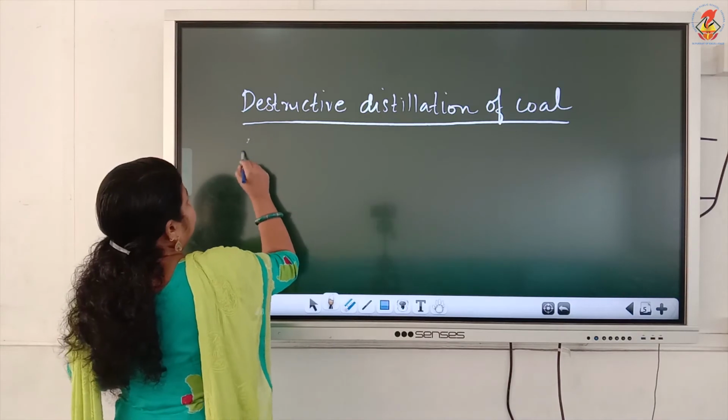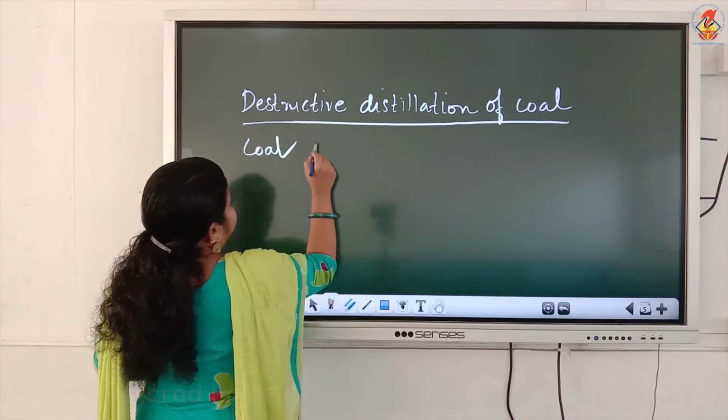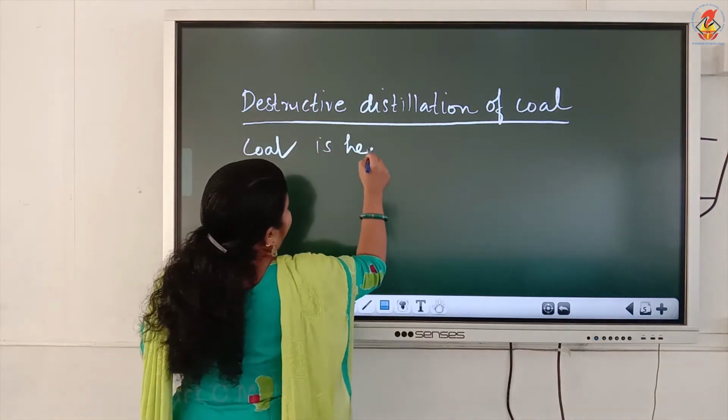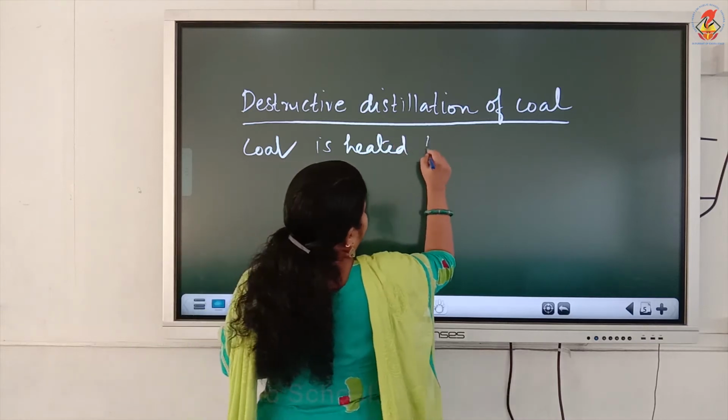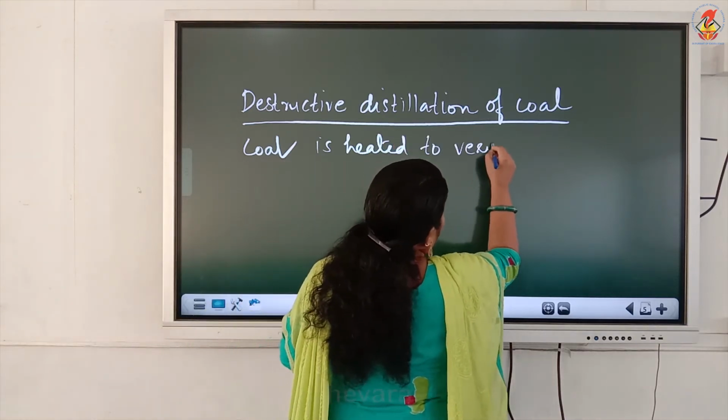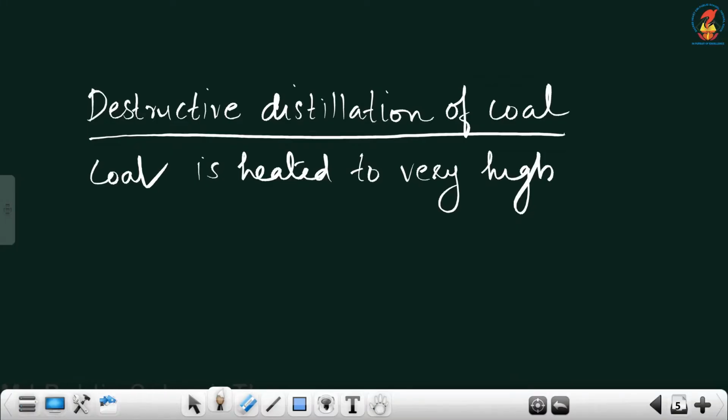This is a process in which coal is heated to a very high temperature in the absence of air.